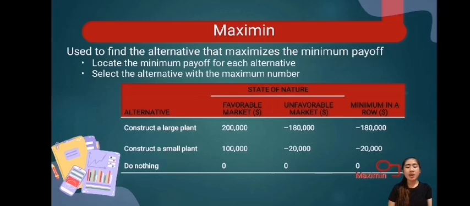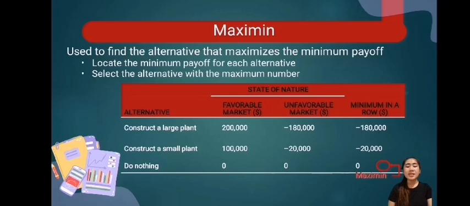Here we determine the worst possible payoff, or the best of the worst. Earlier in Maximax, we determined the best possible payoff. Here, naman, the worst possible payoff. The approach used here is pessimistic, since it only takes into account the worst possible outcomes.